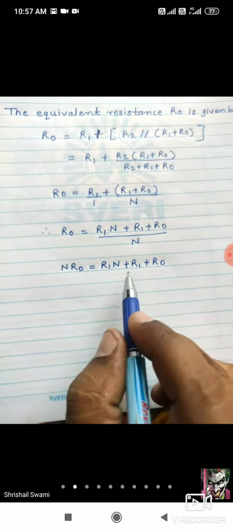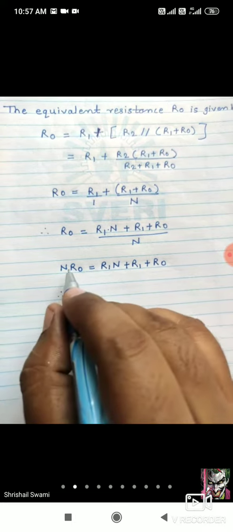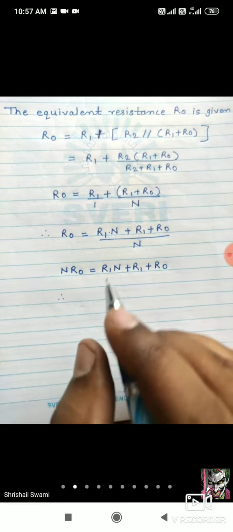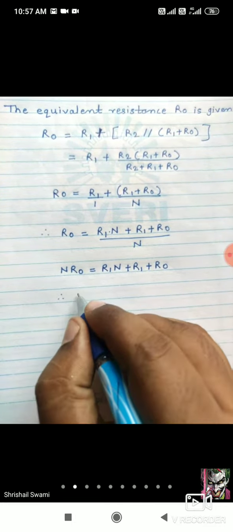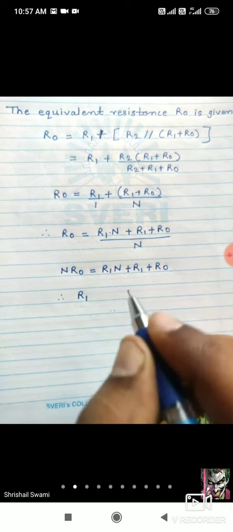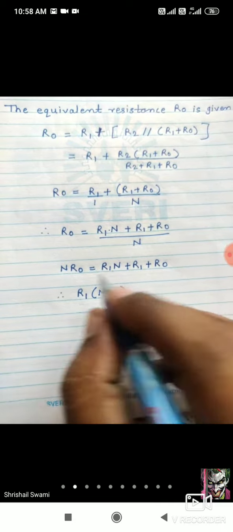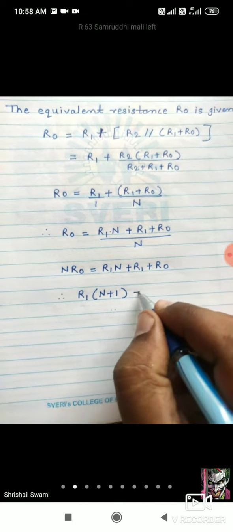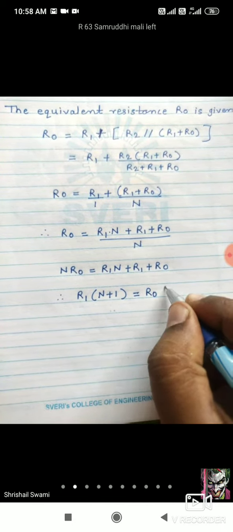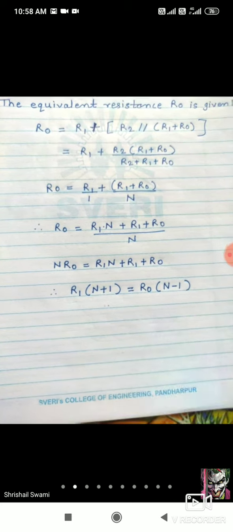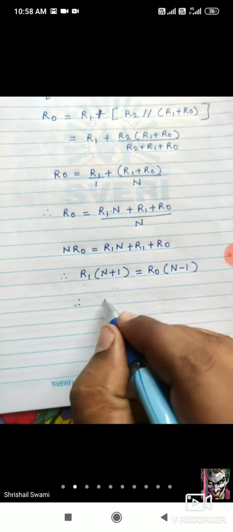Now keep the R1 terms on one side, and R0 you can take on the other side. After taking the common factor from both, R1 common gives N plus 1, and taking R0 on the other side and R0 common, R0 into N minus 1 remains. So R1 we get now.